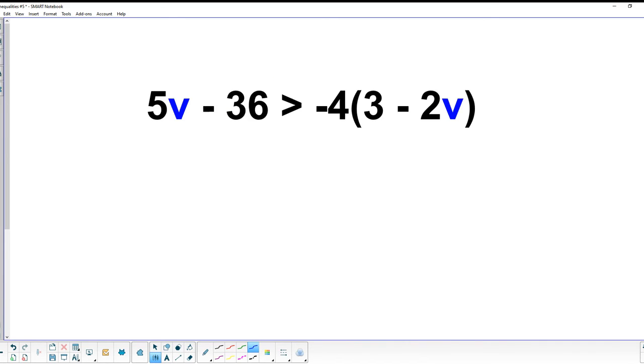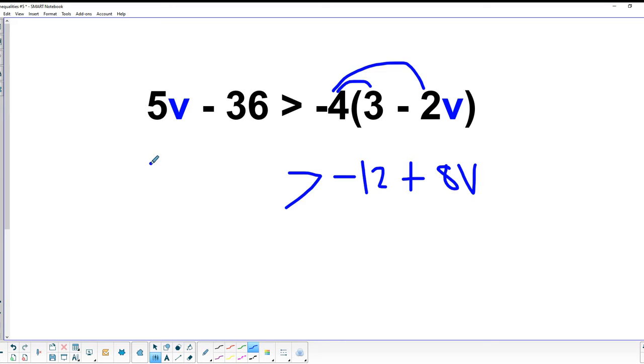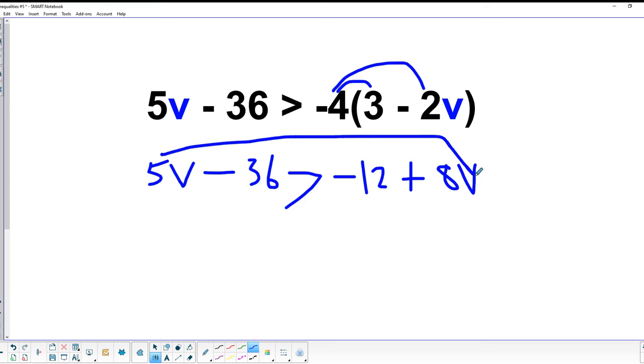All right, let's keep moving. Do a couple more, and then I think we'll be ready to go. So we're going to multiply negative 4 times both of the terms on the right side. And that will leave us with negative 12 plus 8v on the right side. And then we have 5v minus 36 on the left side. All right, so I'm going to move all the variables to the right side. That way they'll stay positive.